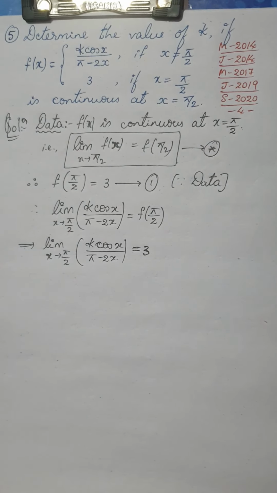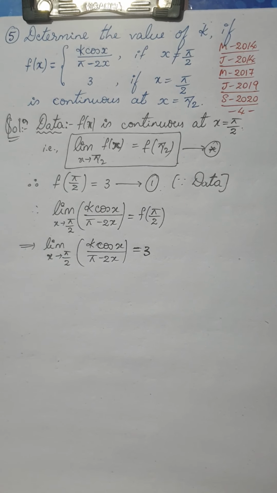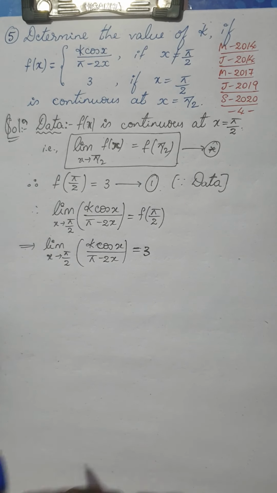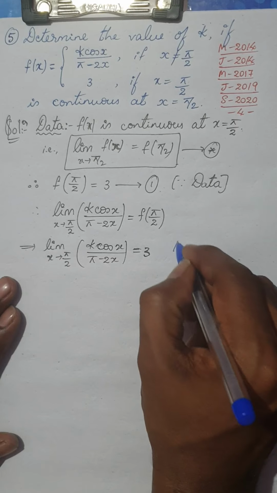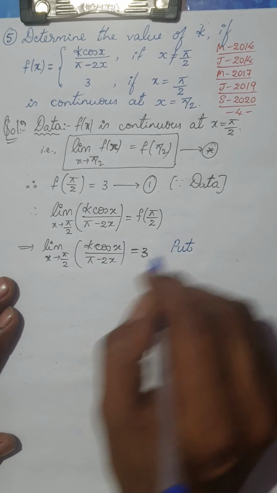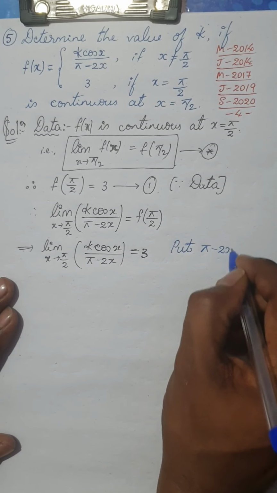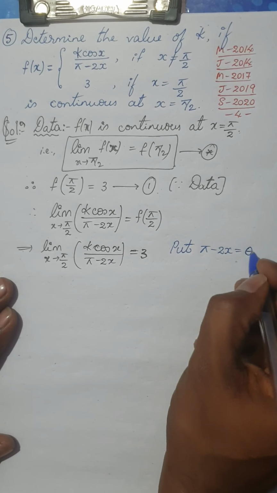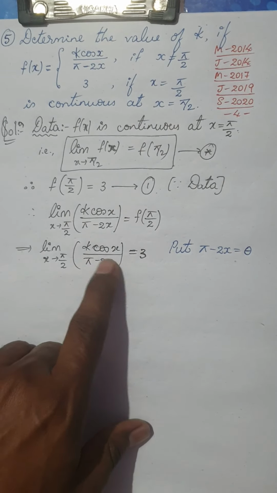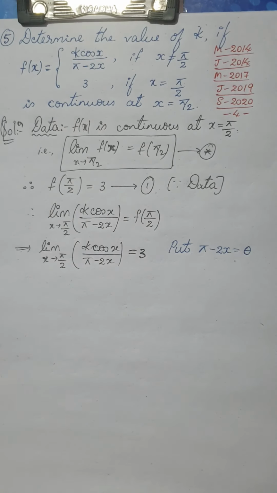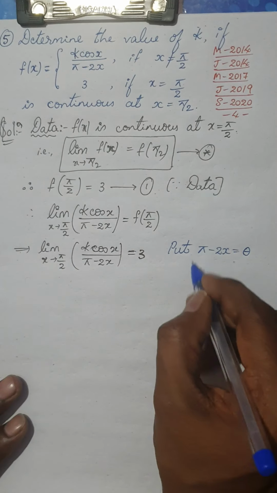Now here, for this particular problem, I'm going to make some small arrangement. Okay, see what I'm going to do. You always do it aside. Put pi minus 2x is equal to theta. I'm considering the denominator as theta. Okay, so then what happens?